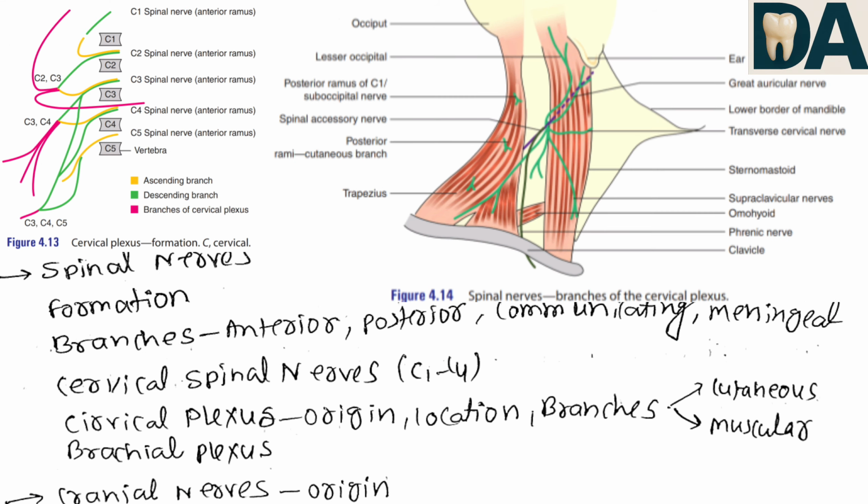Branches of the spinal nerve. After its formation, the spinal nerve subdivides to give rise to the branches listed. The branches are called rami, singular ramus. One is the anterior branch or anterior primary ramus.